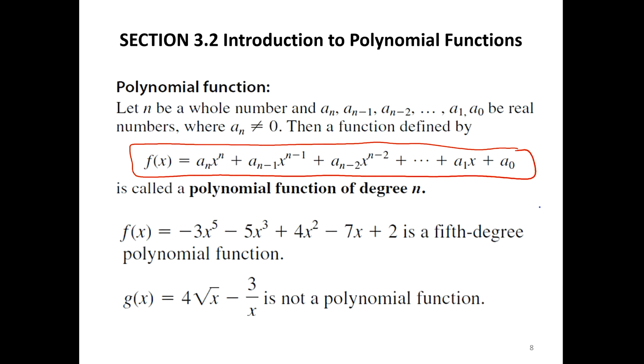We have a_n x to the power n, and a_(n-1) x to the power n minus 1, and so on. For example, this polynomial f of x in quadratic form, 5x squared plus 3x minus 2, is a polynomial. Also f of x equals 5x minus 1 is a polynomial. Or f of x equals x to the power 4 minus x squared is a polynomial. So polynomial means that we have x in the numerator, and the power of x is positive.